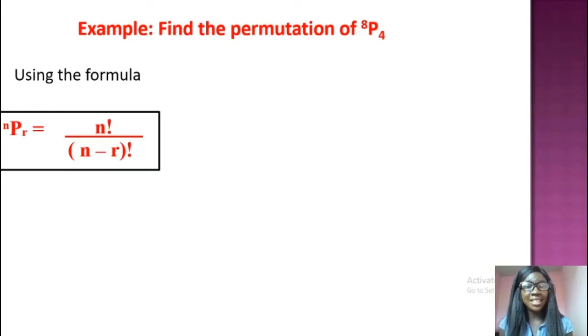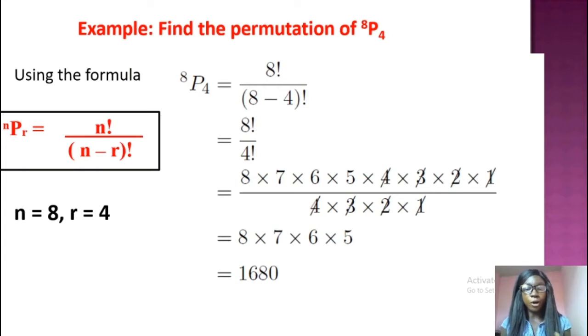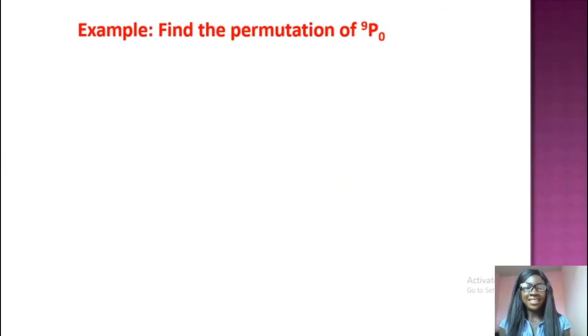Our n in this case is 8, and our r is 4. So in essence, we're going to have 8 factorial divided by 8 minus 4 all factorial. So 8 factorial divided by 4 factorial. So we are left with 8 times 7 times 6 times 5, which equals 1680. Okay, so let's see the next example.